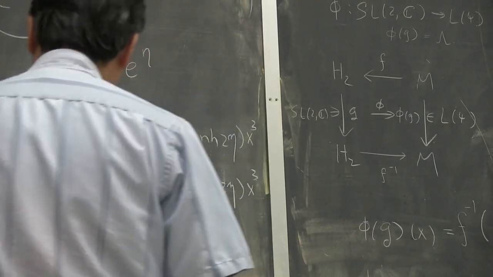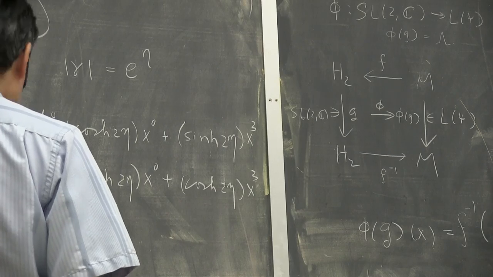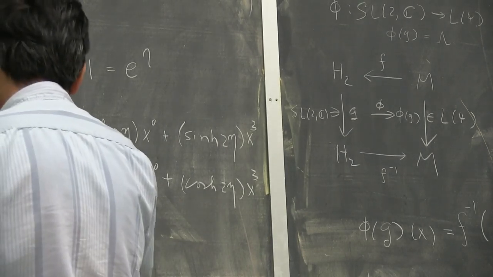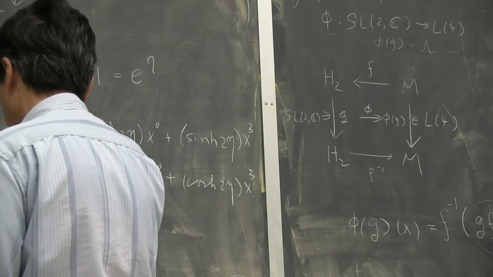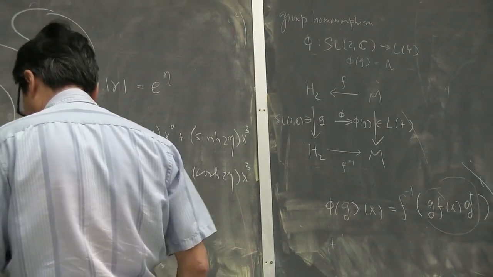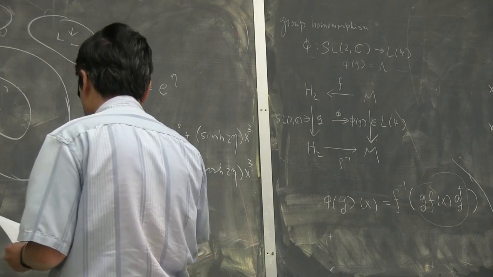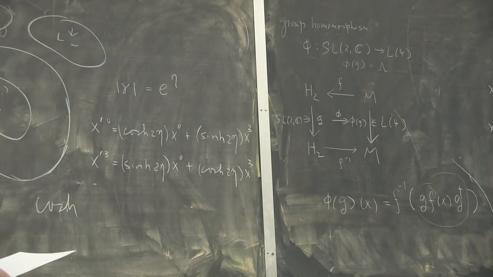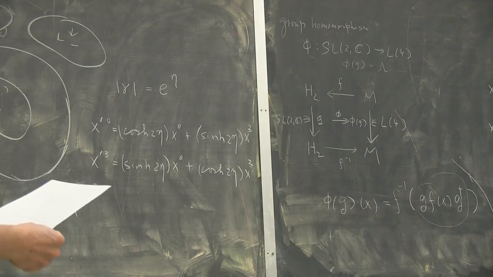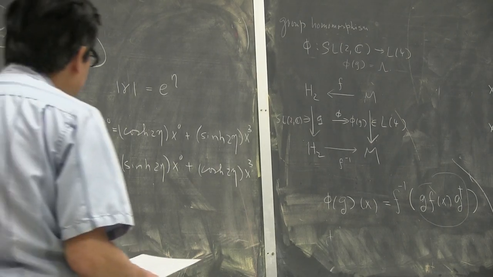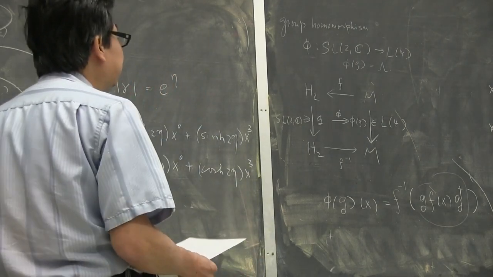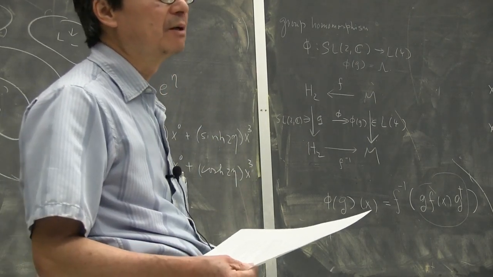So I'm going to change to yet another parameter, so to speak. This time the cosh can vary a whole lot, okay? And it's positive, but can vary from 1 to infinity, is that right? The cosh, right?